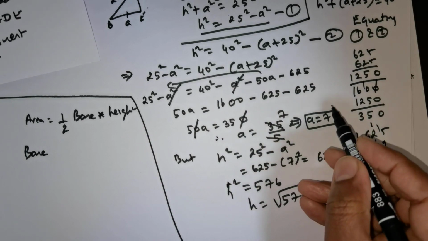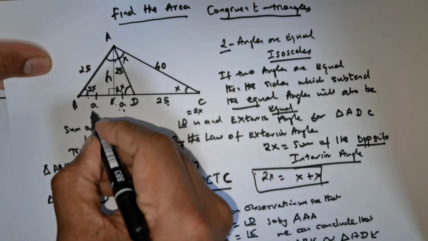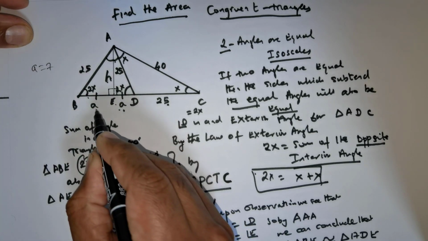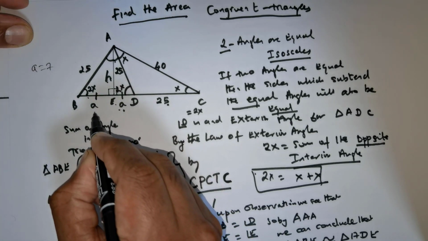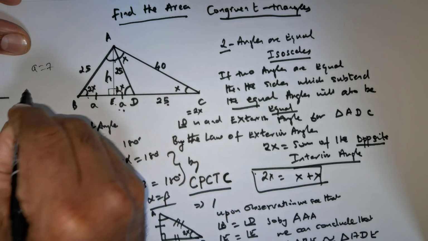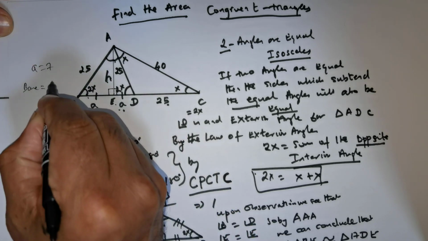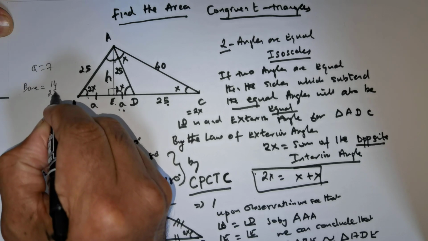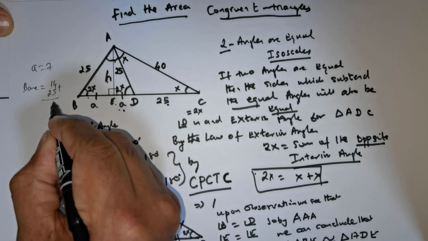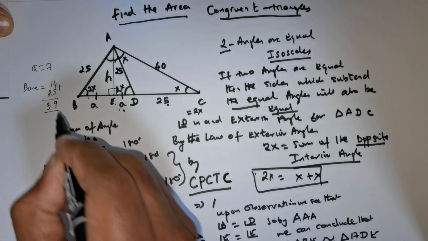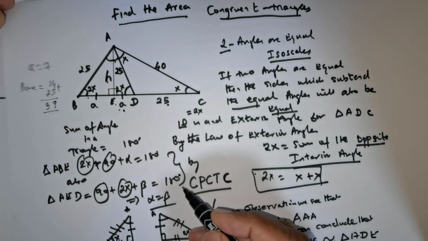This is exactly what we will be using. So A is equal to 7, and you got 7 and 7. So 7 added with 7 becomes 14. So my base is equal to 14 added with 25. So 5 added with 4 gives me 9. 2 added with 1 would give me 3. Right? 39 is the base.